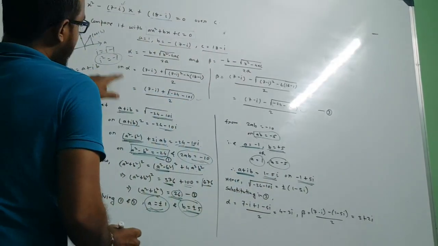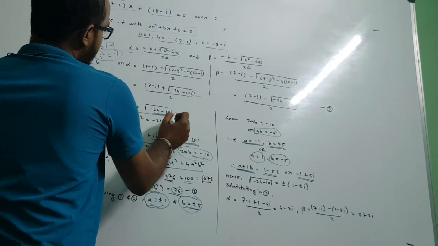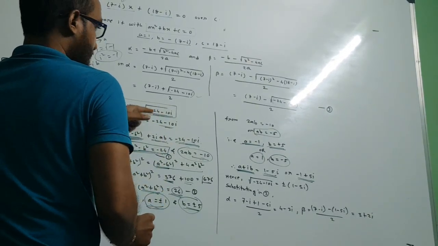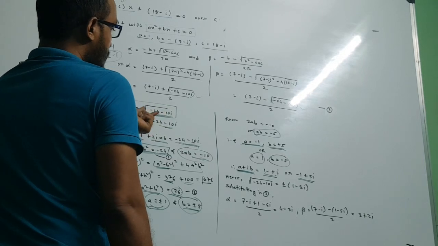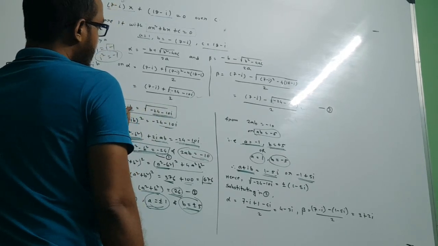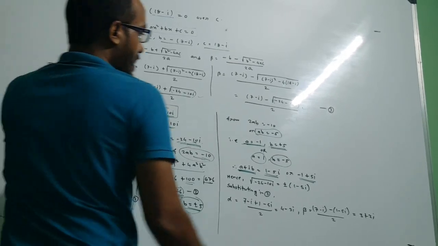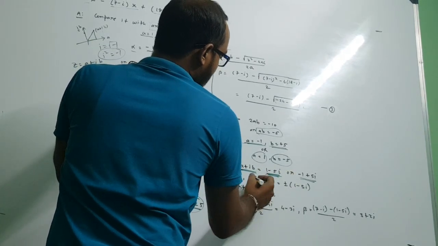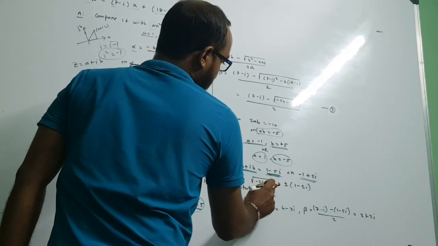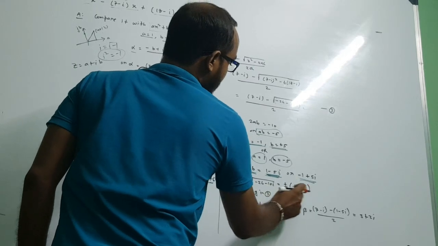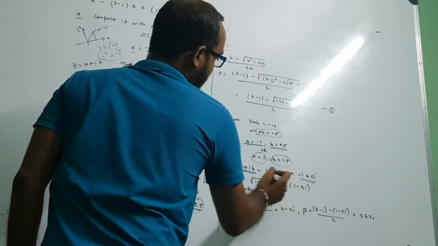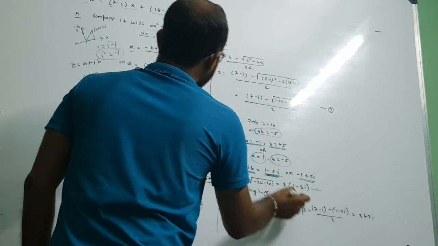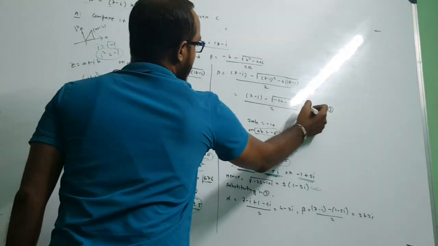See, we have taken this thing, a plus ib is actually the root under of minus 24 minus 10i. So what is the value of root under of minus 24 minus 10i? It is a plus ib. So root under of minus 24 minus 10i should be plus minus 1 minus 5i. Now substitute this value in this equation and this equation.